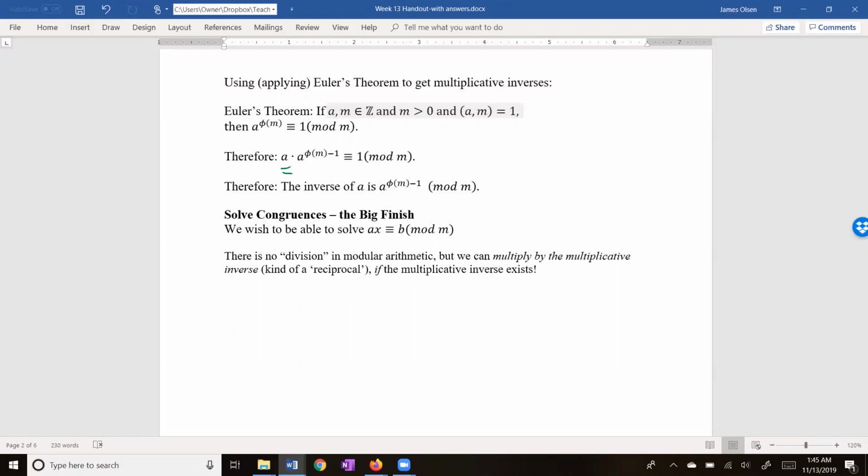So let's calculate some inverses, for example. Let's find the inverse of 6 mod 11.